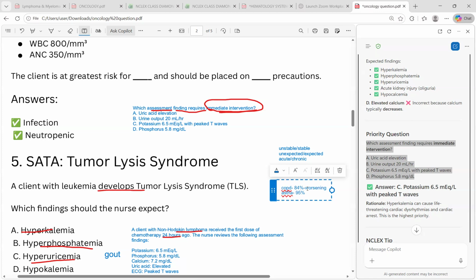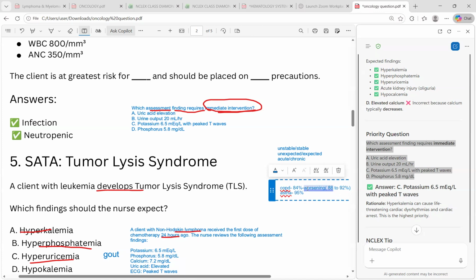In COPD patients, the expected saturation is 88 to 92 percent, but here the client has only 84. That indicates a worsening condition. And also other respiratory conditions: how much is the normal oxygen saturation?